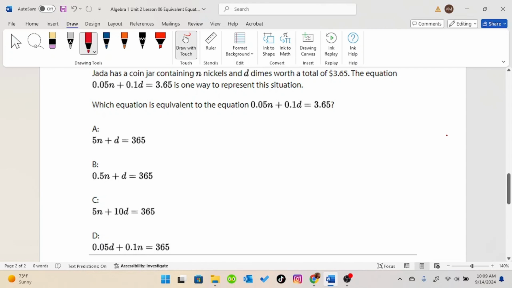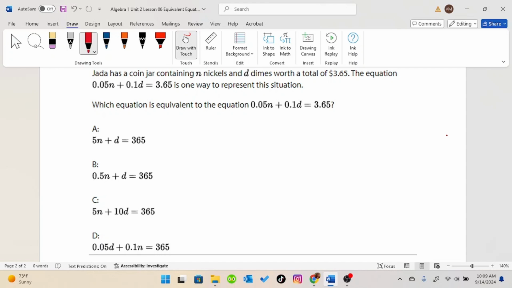Our third practice problem says Jada has a coin jar containing N nickels and D dimes worth a total of $3.65.